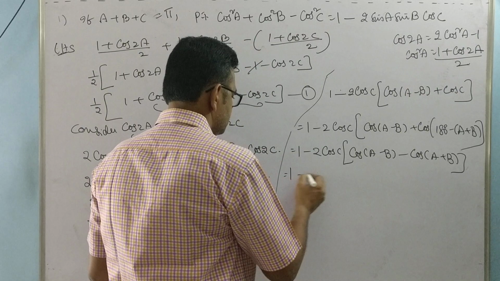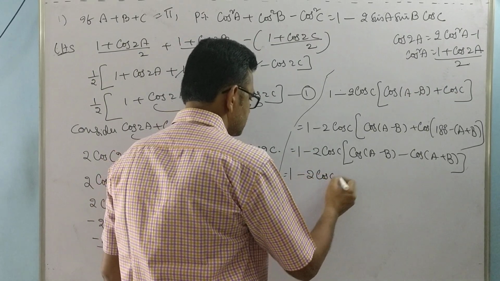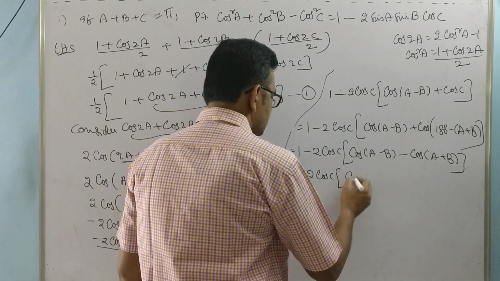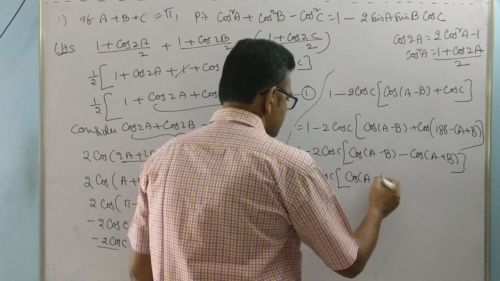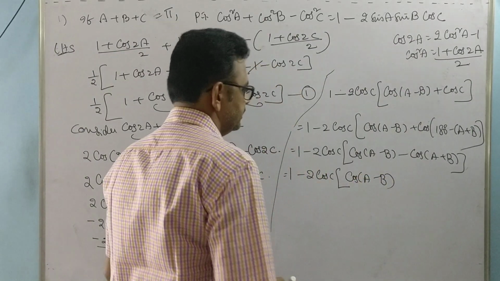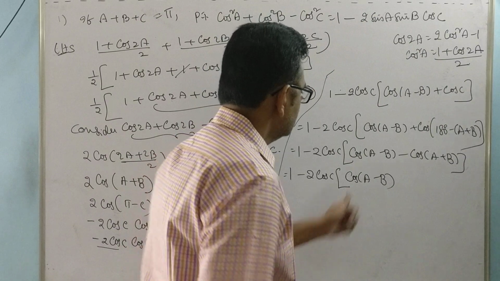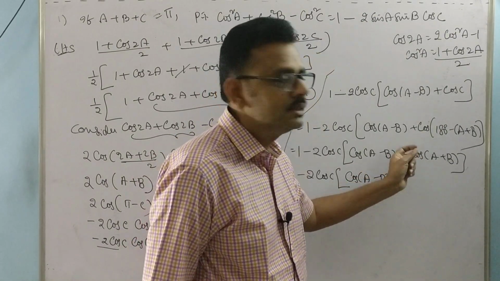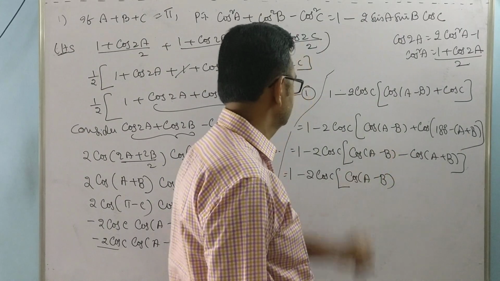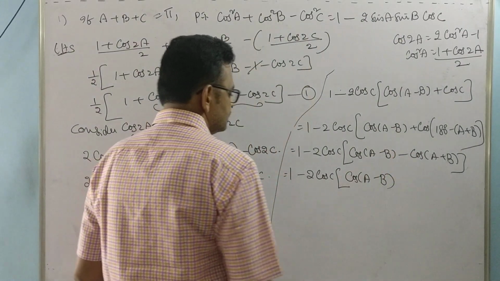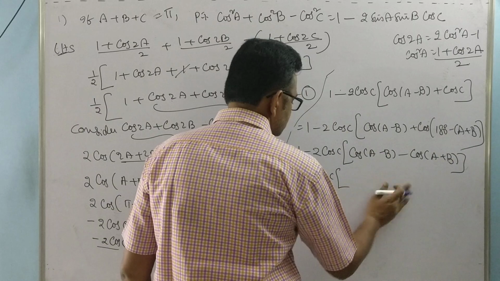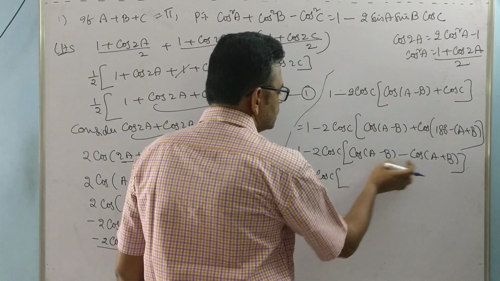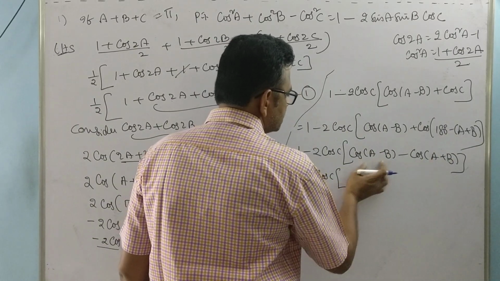That is equal to 1 minus 2 cos C into cos of A minus B minus cos of A plus B. Cos of A minus B minus cos of A plus B is equal to 2 sin A sin B. I can write it directly, so you just need to know this formula. I gave all the formulas for this.